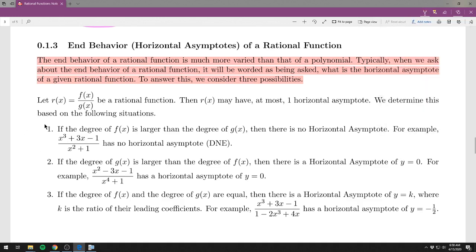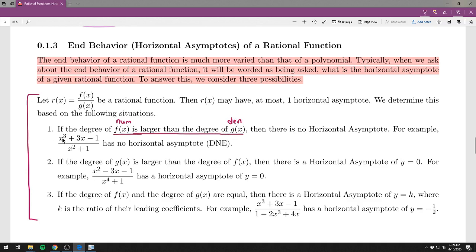Now these examples I would write down the whole thing. I didn't want to highlight the whole thing here. I thought it might look kind of weird. But I'll talk through each of them. So if the degree of f of x, which is the numerator, is larger than the degree of g of x, which is the denominator.